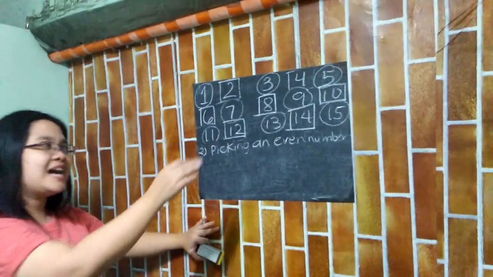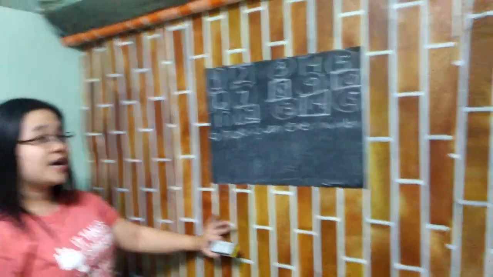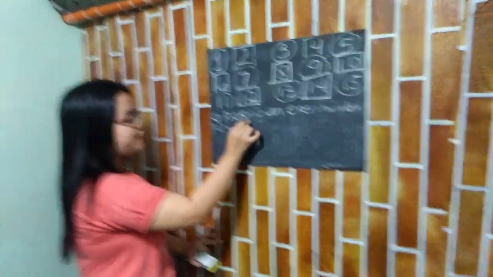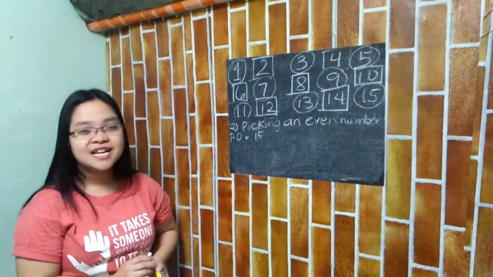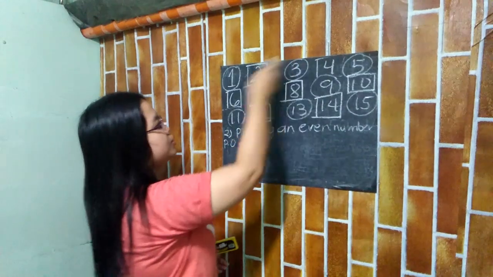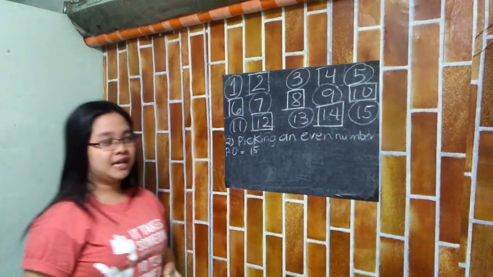Now, let us express this one as chances in number. So again, take note that our possible outcome is 15. So how many numbers did I box? Because they are the even numbers there. So we have 1, 2, 3, 4, 5, 6, 7. Okay?